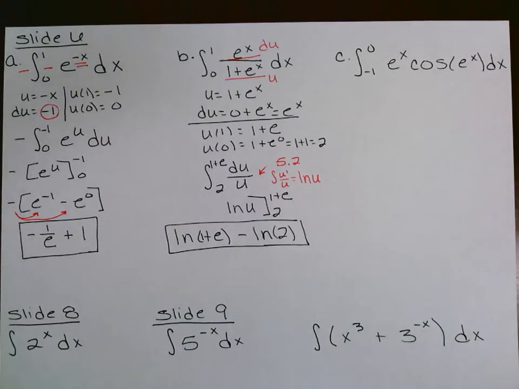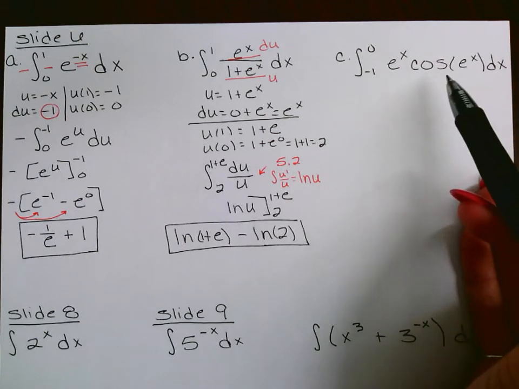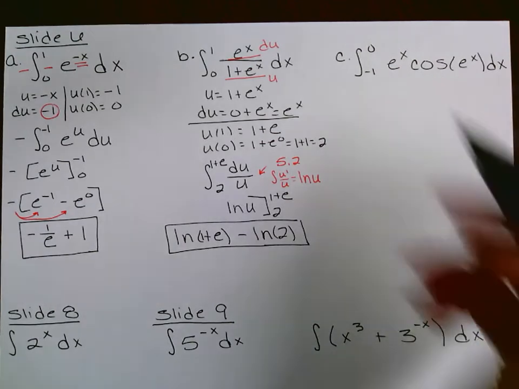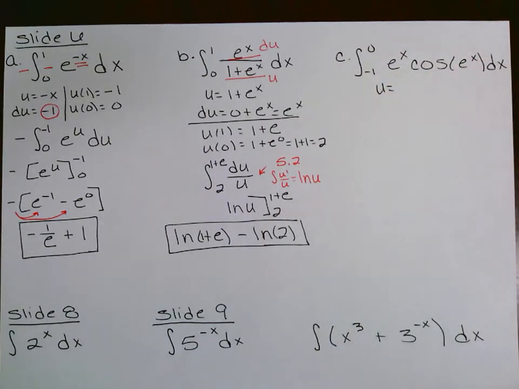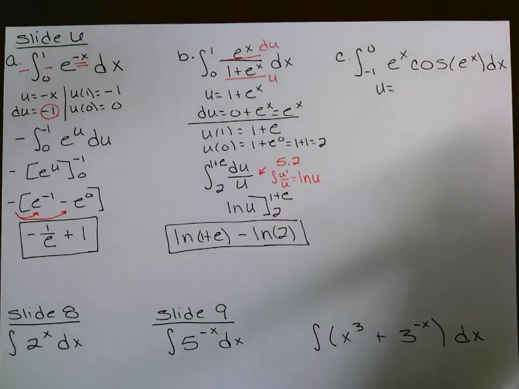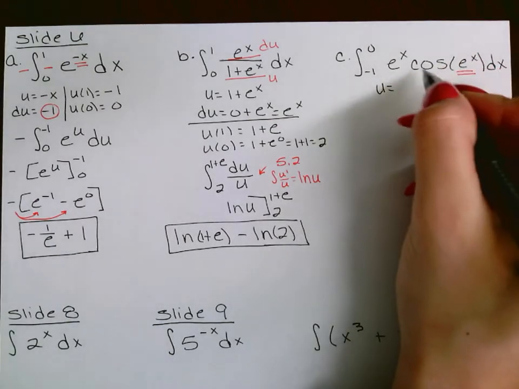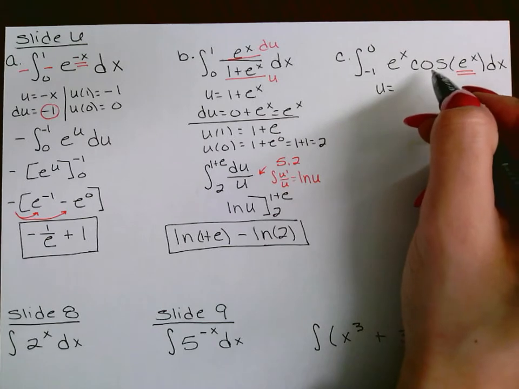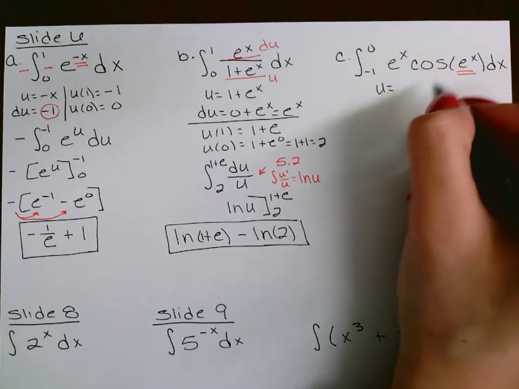All right, so for this next one, I have e to the x times cosine of e to the x. Who can figure out what our u is supposed to be here? Which one? The one on the outside or the one on the inside? Nice. So remember last class, the review that we did for last chapter, we talked that when we see trig functions, the inside of that trig function is usually our u.